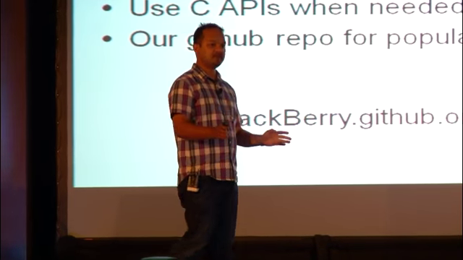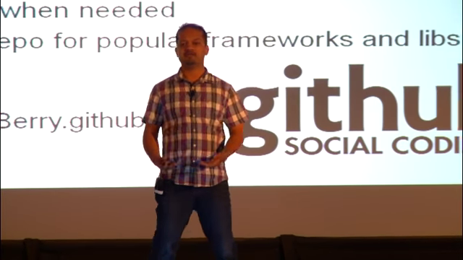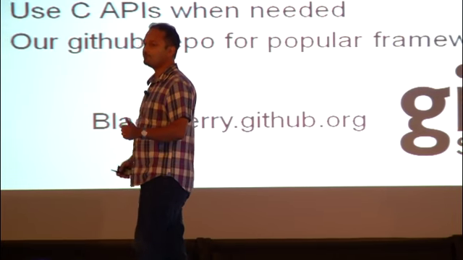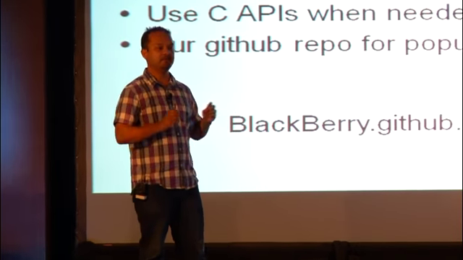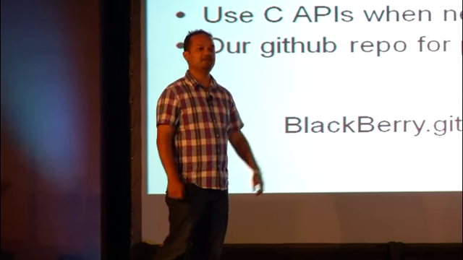Okay? So there is nothing that should be blocking you from using if it's already available in the platform. And any platform features are first and foremost available in C, and then it finds its way up to HTML5, Cascades, Qt, and whatnot.